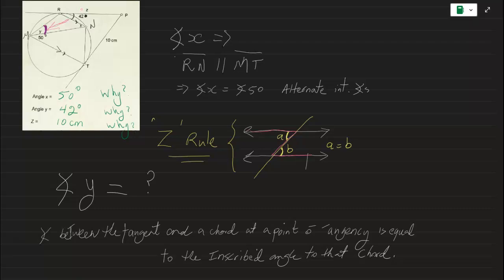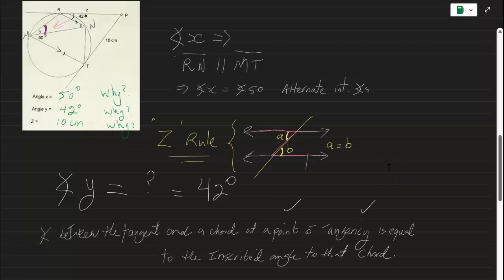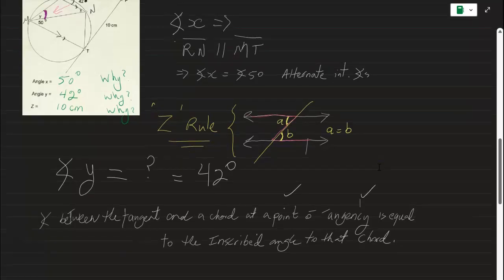So if that's the case, angle Y is 42 degrees. Very good. So that's the reason we use the tangent line and a chord, with an angle in between.